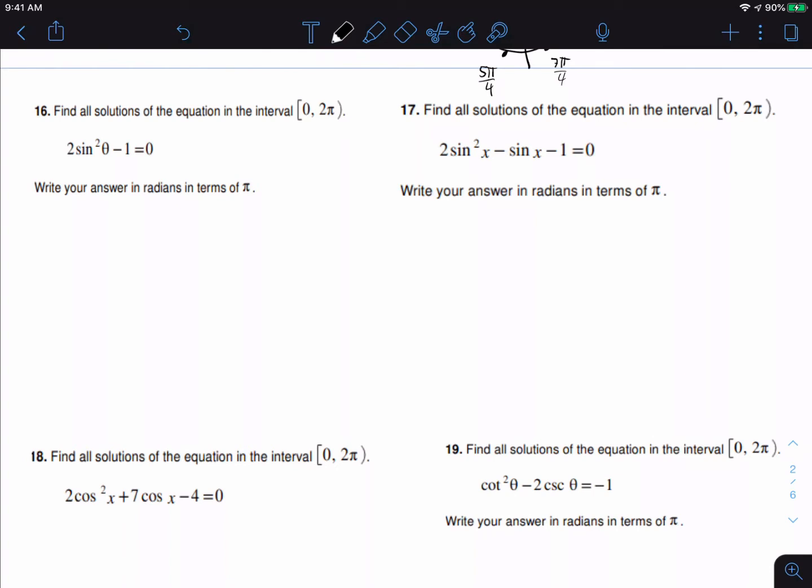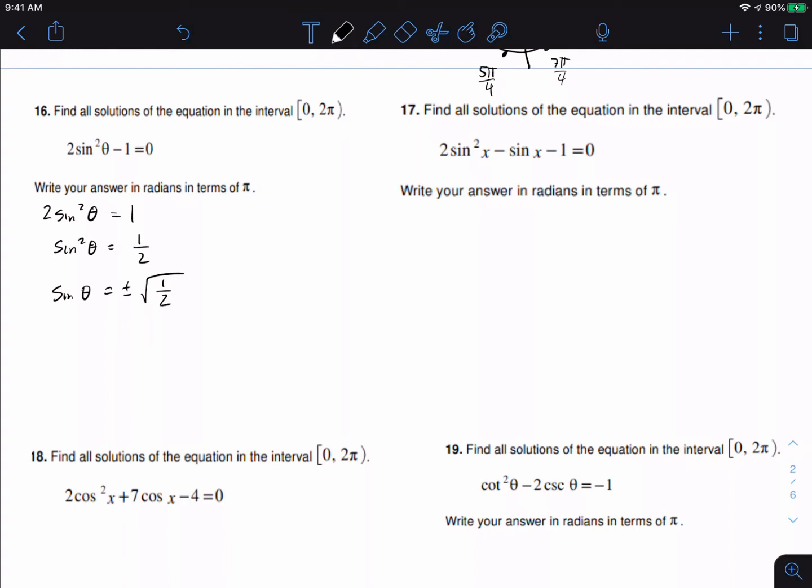Okay, so with this problem, we're going to go through the same phases. So 2 sine squared theta is equal to 1, then sine squared theta is equal to 1 over 2. And then when we take the square away by square rooting, I'm going to get plus or minus the square root of 1 over 2. And so that's going to give me 2 cases, correct?